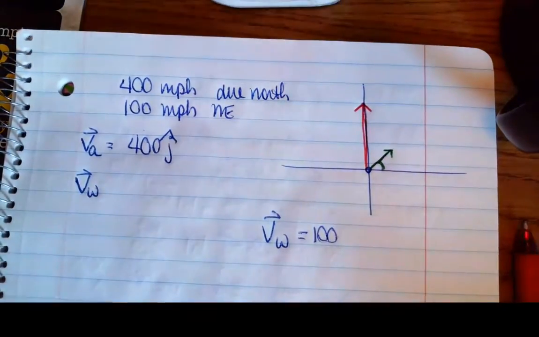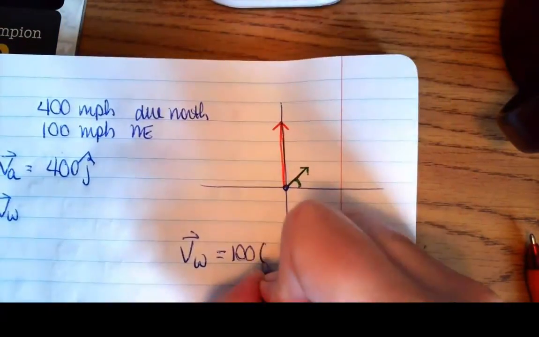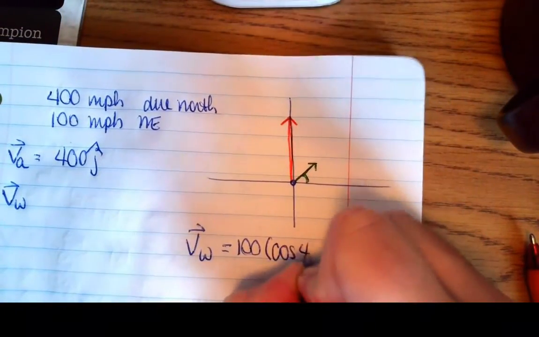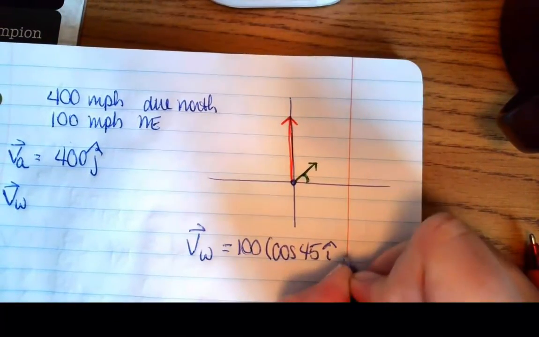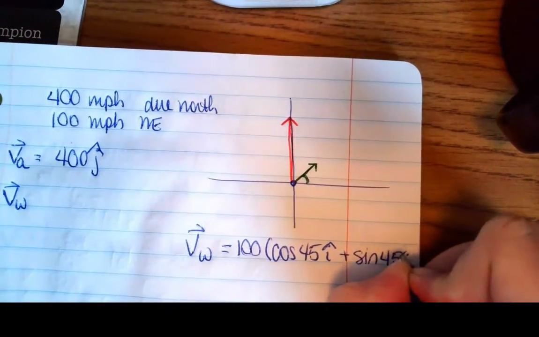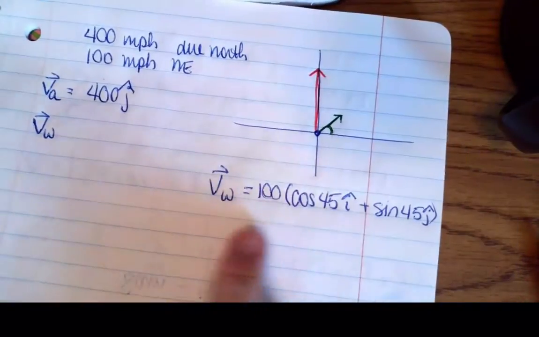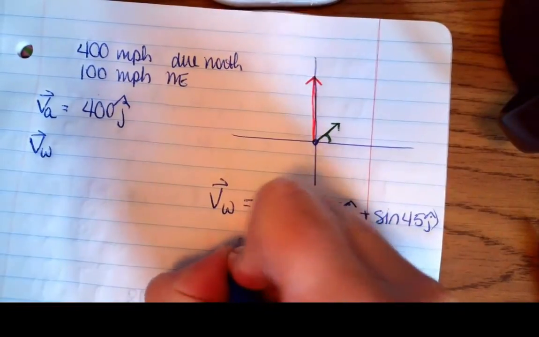So I can represent this as 100 times cosine of 45 on i plus sine of 45 on j. Okay, and so now do I know what those angles are? Yes, I do, because I want to be in rectangular form. This is polar form. So I'm going to go ahead and convert.